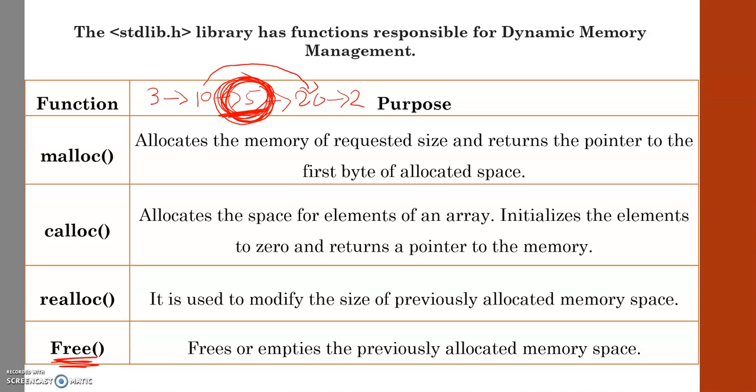So this is about the basic functions of the dynamic memory allocation or dynamic memory management, which belong to the stdlib.h, and you can use all these 4 functions in your program. More detail about all these functions we will talk about in the next part.